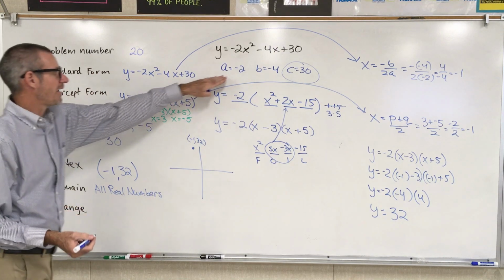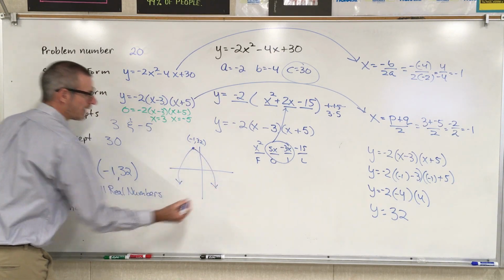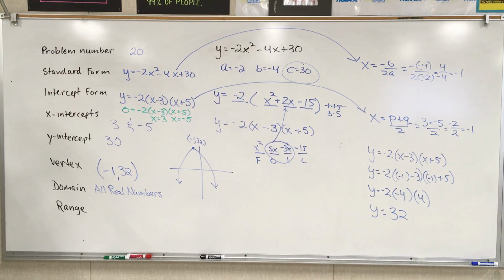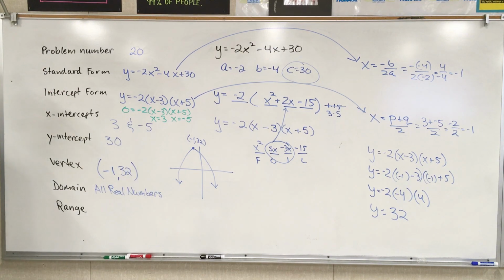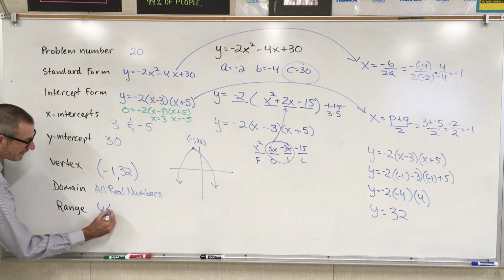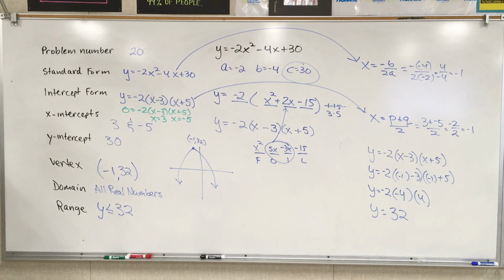And since our a value is negative, our parabola opens down. And so all of the y-coordinates of every point on the parabola are going to be below 32. And since it opens down and all of the y-coordinates are below 32, we'll write y is less than or equal to 32. And that will be our range.